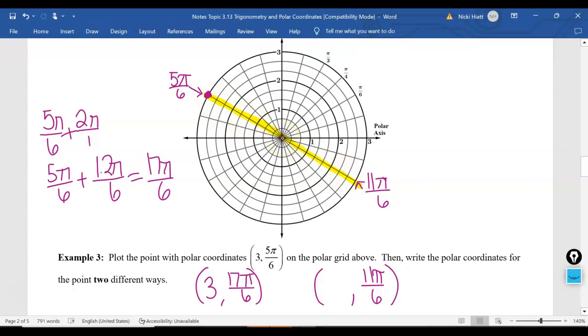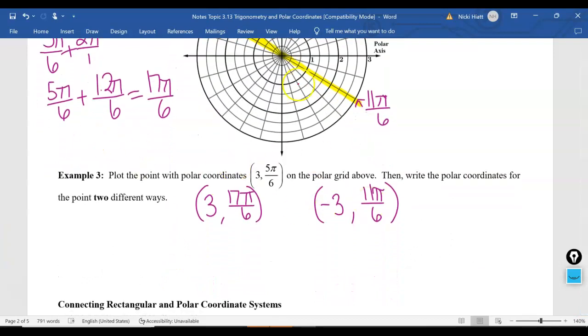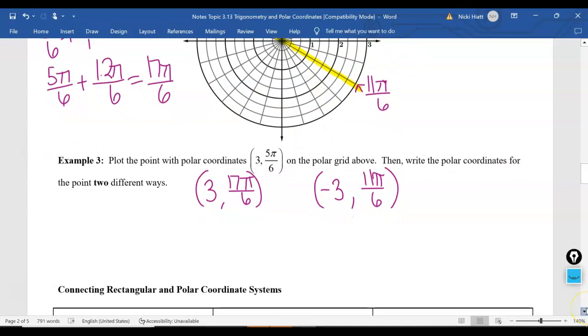So we would use 11 pi over 6, but we would put a -3 right here for that point. So these are two different ways we could write it, but there are infinite possibilities, because we could give coterminal angles for any of our +3 5 pi over 6's. We could also do coterminal angles for 11 pi over 6 for this -3. So there's just so many ways you can write polar coordinates.